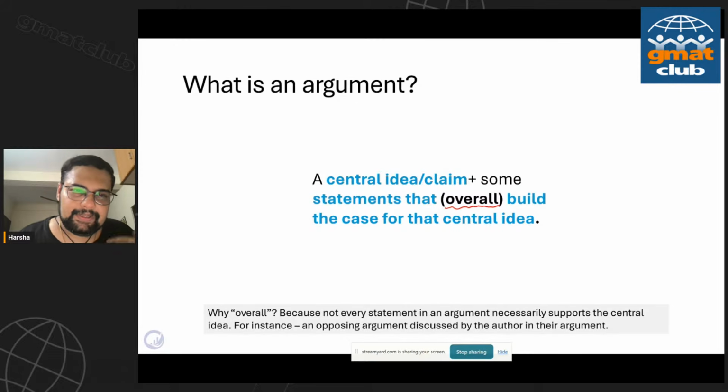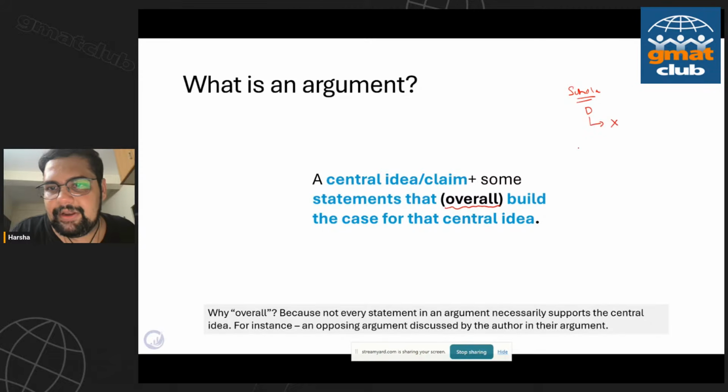Because in a typical CR argument, you may not always see every statement explicitly supporting the central idea. For example, I might give you an argument which looks like this. There is a scholar. That scholar, based on some particular data, concludes X. Now, the author comes in and says X is not true, and then justifies it in some way.